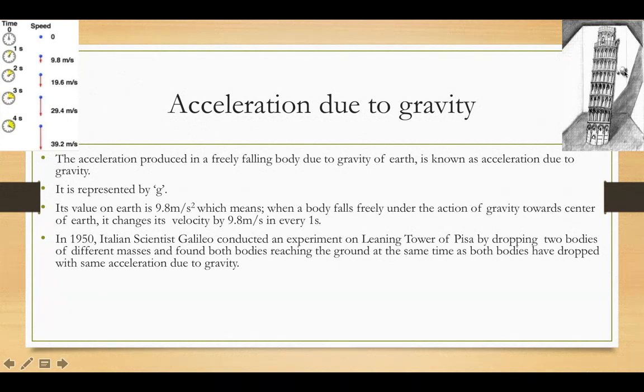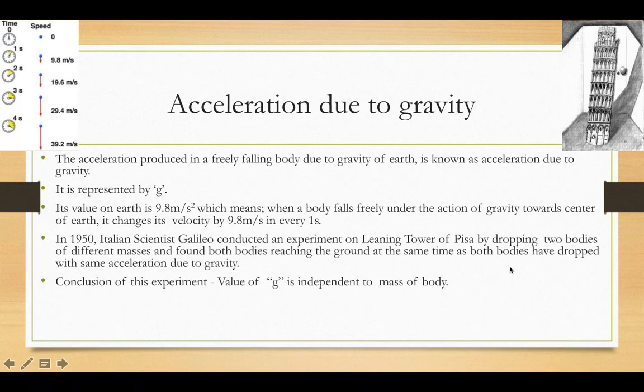of different mass. And what he found was that both bodies reached the ground at the same time. A question may come, why did they reach the ground at the same time? Because they both drop with the same acceleration due to gravity, that is 9.8 meter per square second. So the conclusion of this experiment is that the value of acceleration due to gravity is independent of the mass of the body.